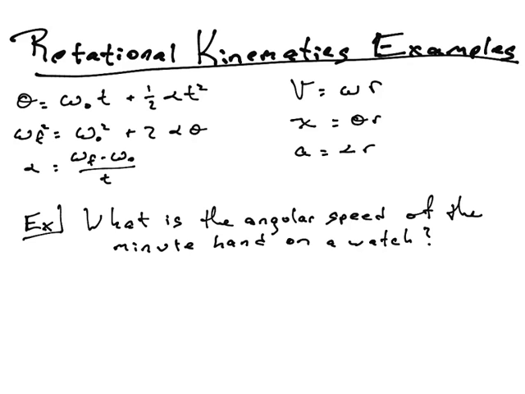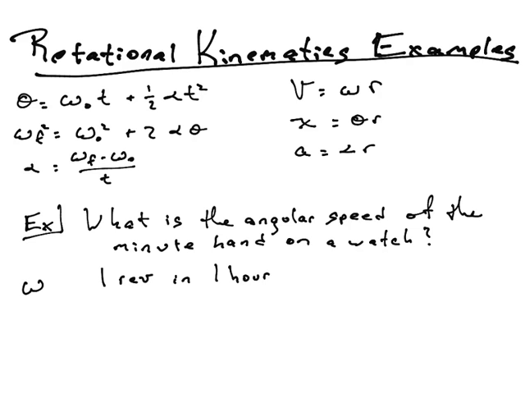We want to know omega. We're looking for omega. That is the angular velocity, the angular speed of an object. What object are we looking at? The minute hand on a clock. Okay. What do we know about the minute hand? Well, what we know is that the minute hand does one complete revolution around the face in 1 hour, right?